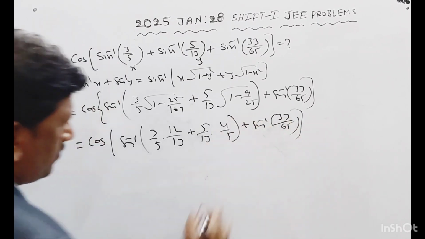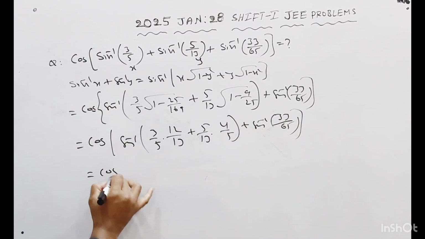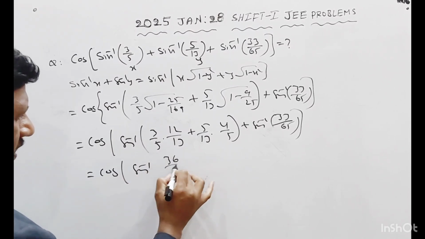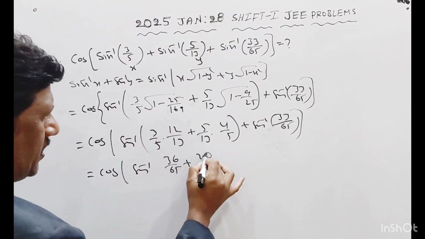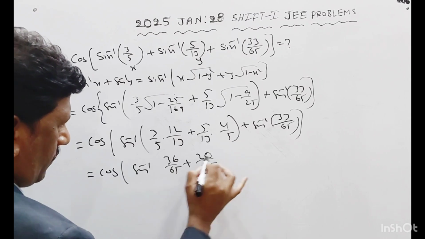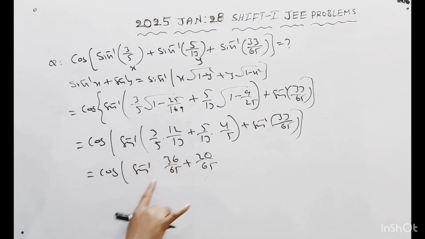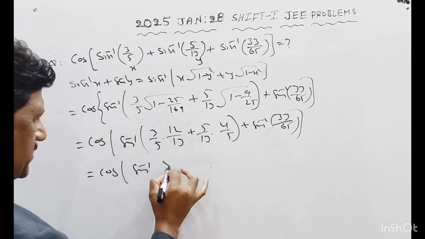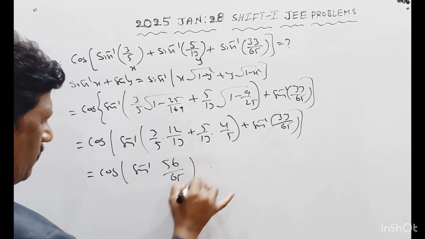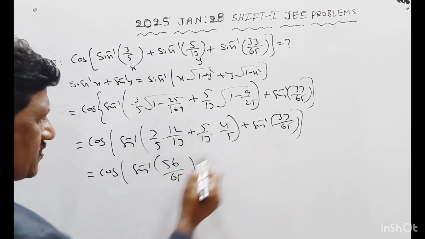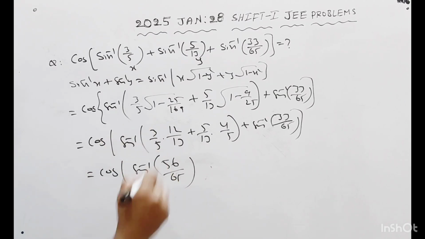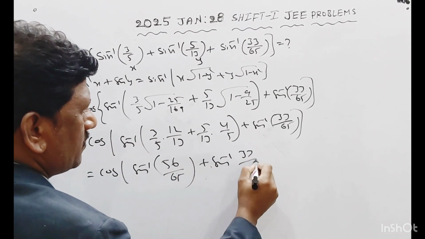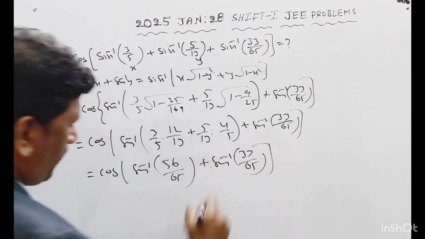So this value will be cos of sine inverse of 36 by 65 plus 20 by 65. This total value will be 56 by 65, after taking LCM, plus sine inverse of 33 by 65.